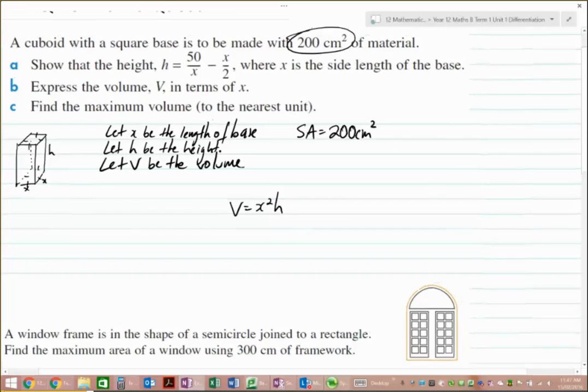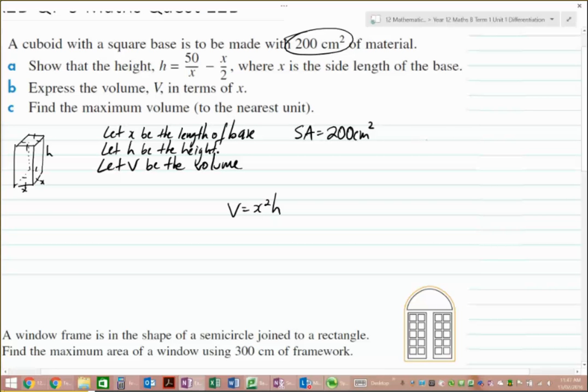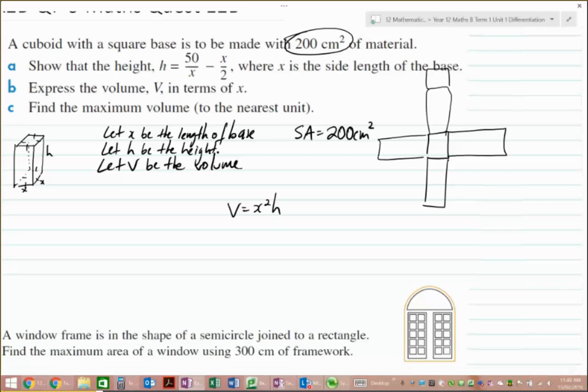For some reason year 12 is always horrible at surface area. I need to draw a net of the prism and find the surface area of this thing, which I can cut out and make this 3D shape.